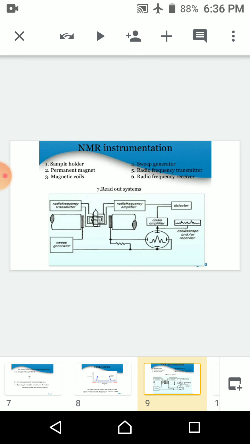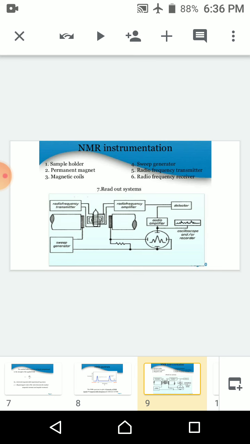Now, we will discuss the important part of the spectrum, that is instrumentation. As we know, what is instrumentation? Instrumentation is a technique by which we can understand how it works, how we can use it, and find its signals.